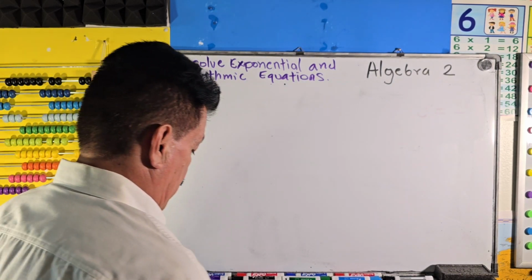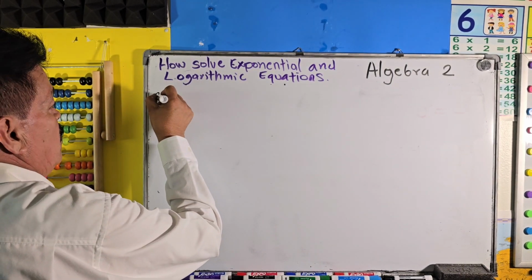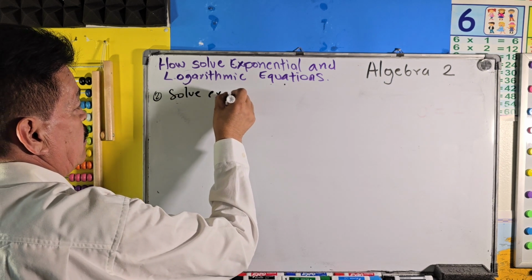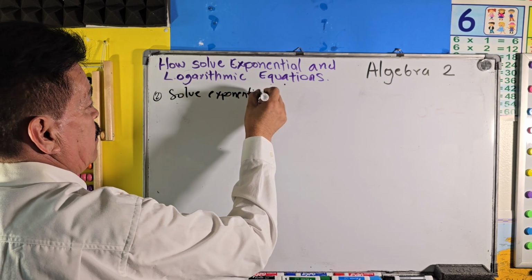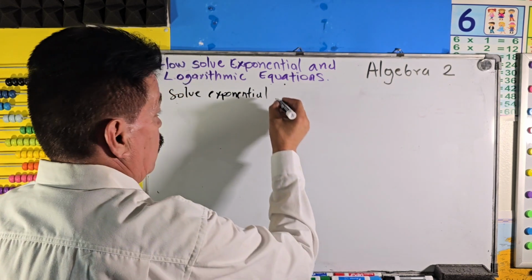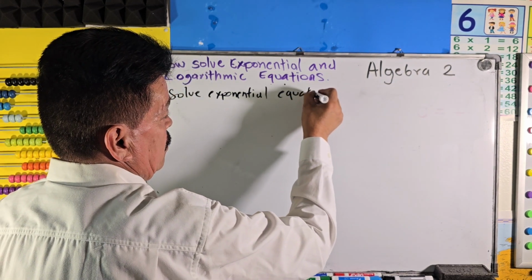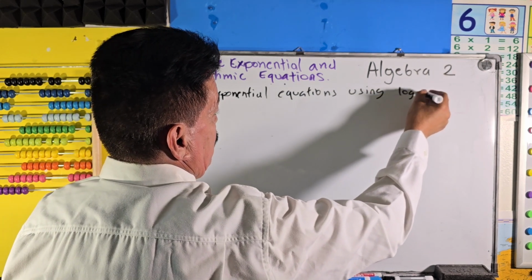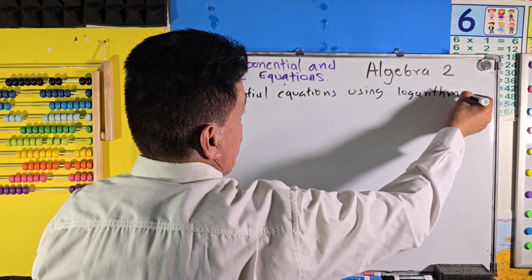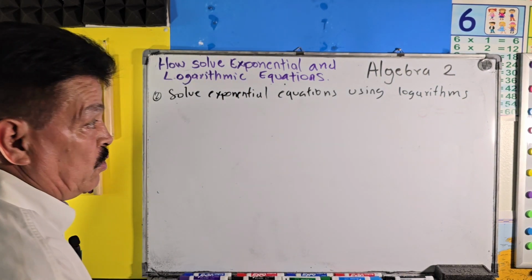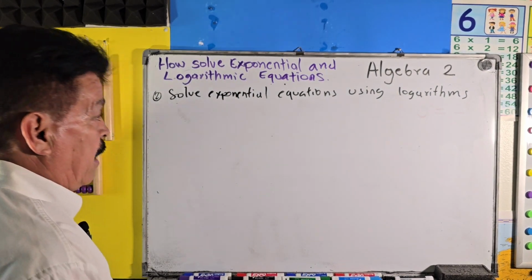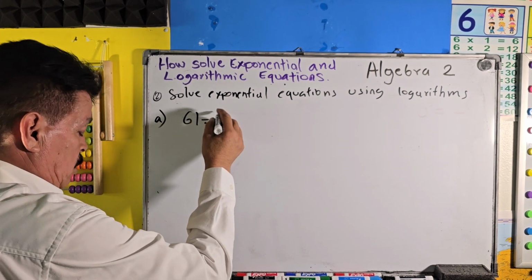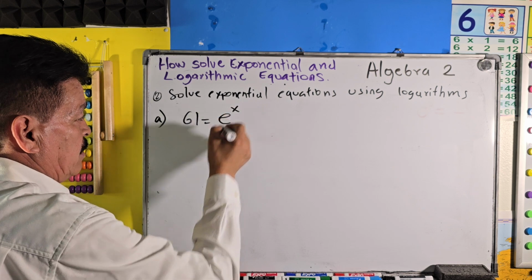Now section number 2: exponential equations using logarithms. In this section we have to use logarithms. Let's write one problem here: 61 equals e to the x power.